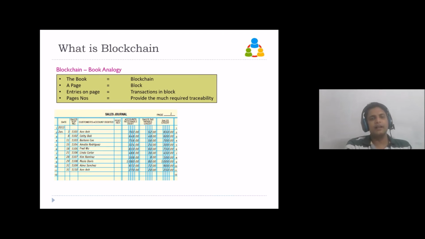All the information is written in a page, and each line contains the record of a financial transaction.